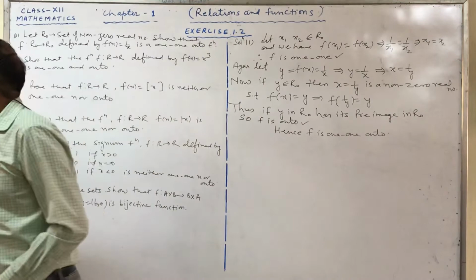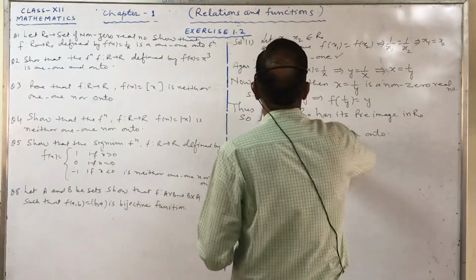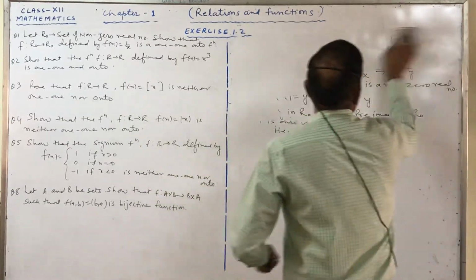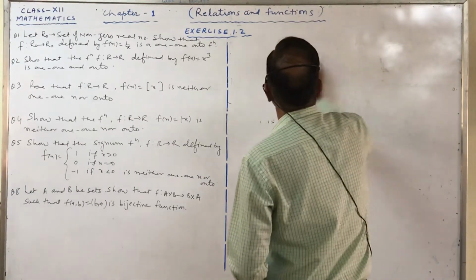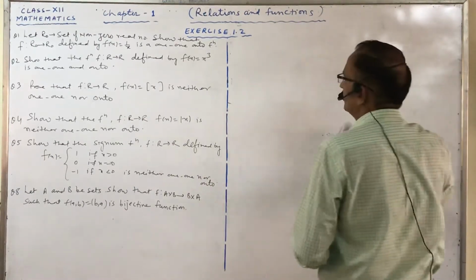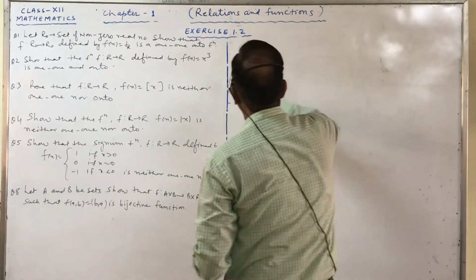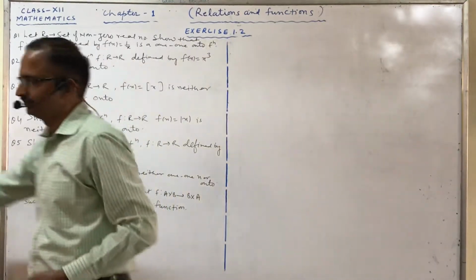Now, come to question number 2. Question number 2 is also similar to question number 1. In this, also we have to prove that f is one-one onto. The working principle is same.